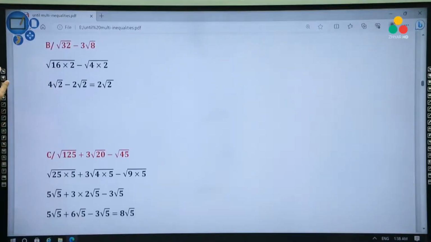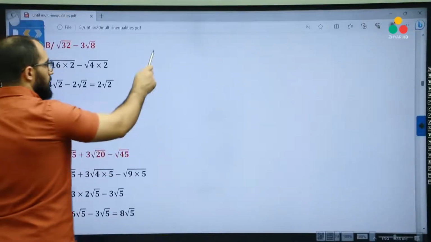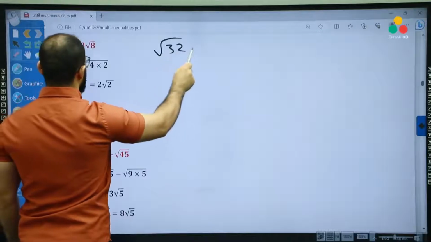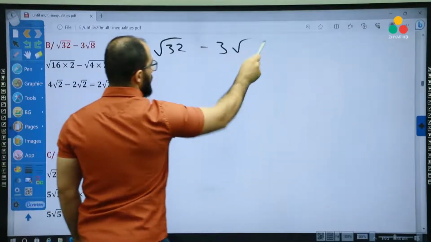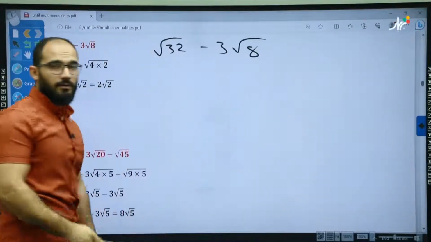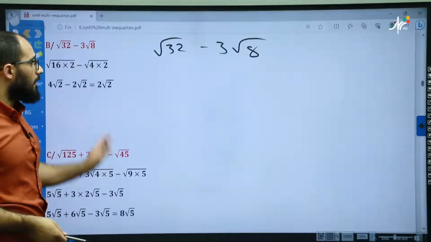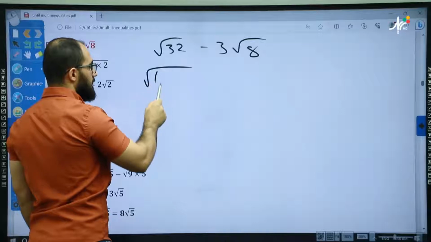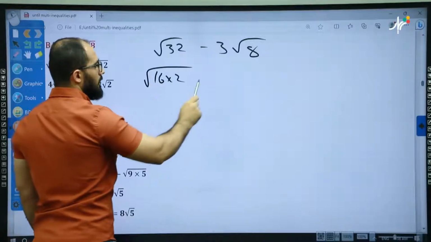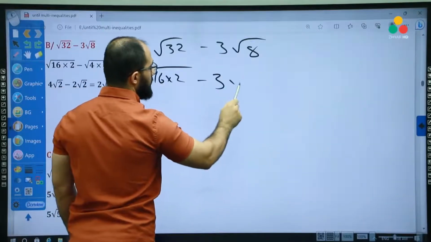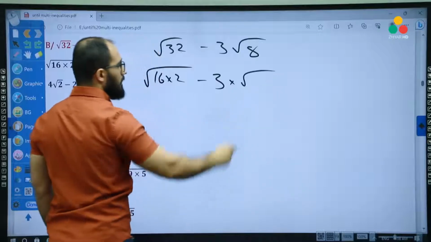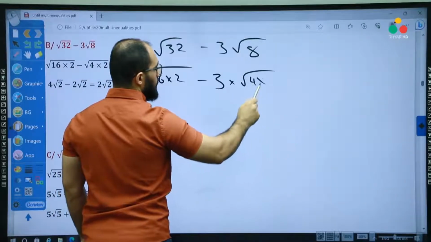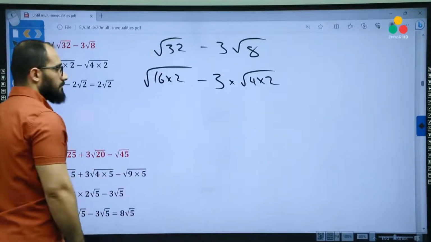Next example, we have square root of 32 minus 3 times square root of 8. Again, the radicands are not the same. We have to simplify. 32 is 16 times 2 minus 3 times, okay, 8 is 4 times 2.